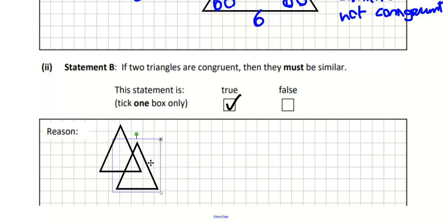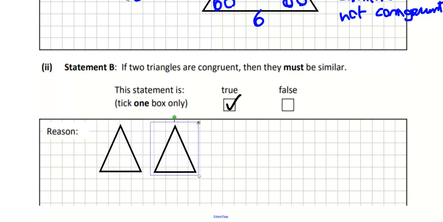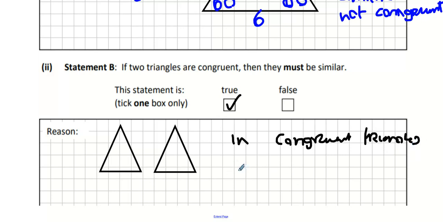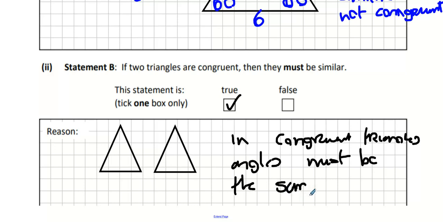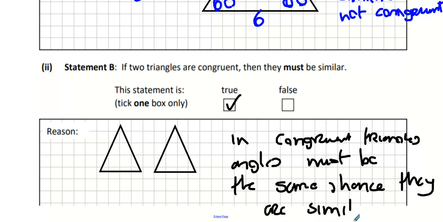So these are congruent triangles. Angles must be the same, so the angles must be the same, hence they are similar. We all cool with that?